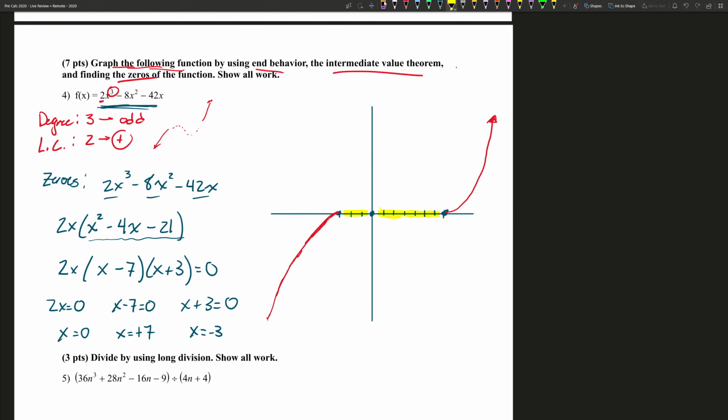So we have to plug in values into our original function. Okay, so let's plug in something over here. All right, so we can plug in -1.